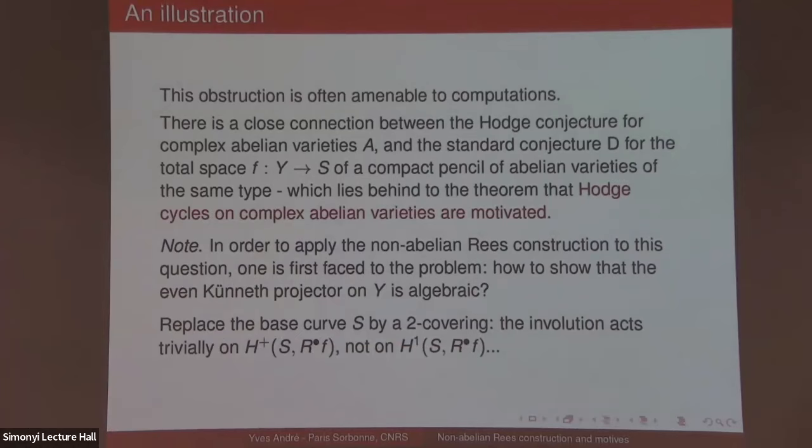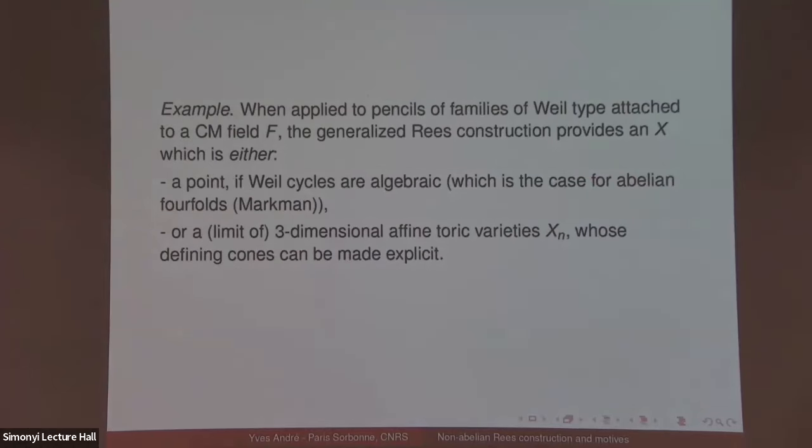In any case, one can then run the construction, this machine, and try to compute what X is, what the deformation space is. This is quite explicit. One can do this, for instance, in the setting of a family of abelian varieties. One finds that there are two possibilities.